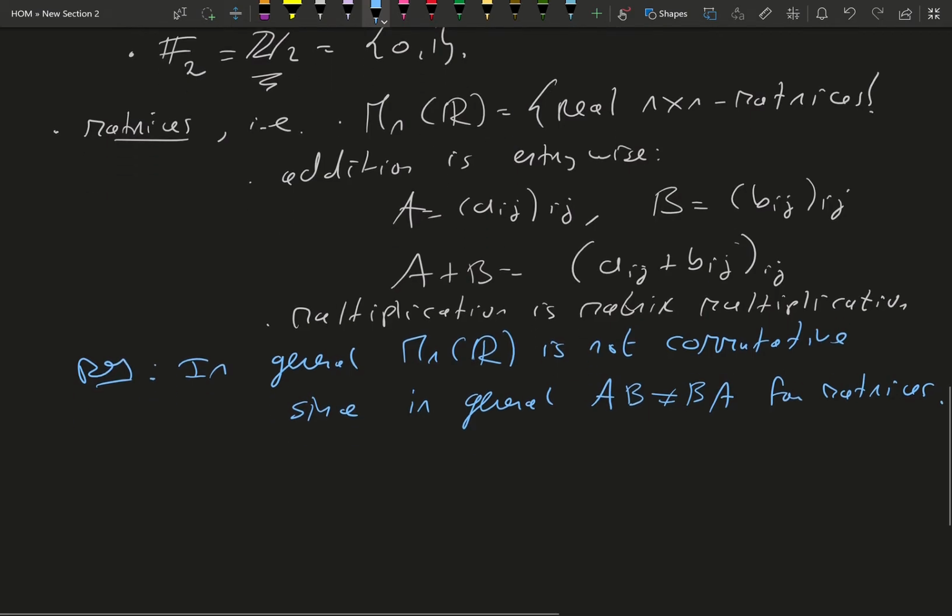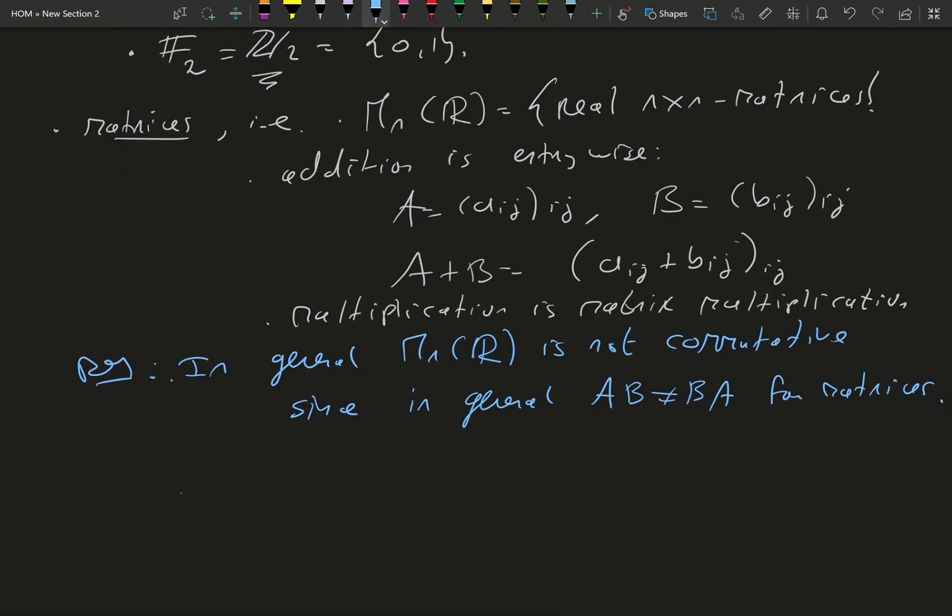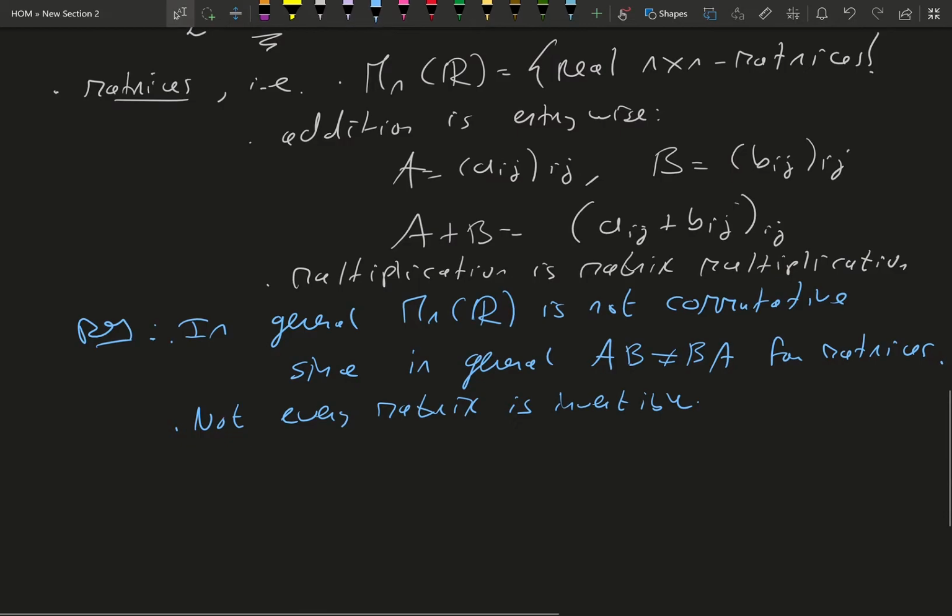Okay. So another thing that you could remark is that not every matrix is invertible. So there you see an example of a ring where not every element is invertible.